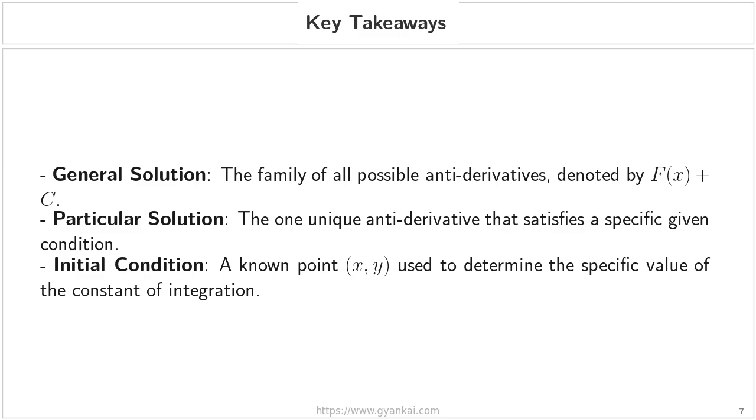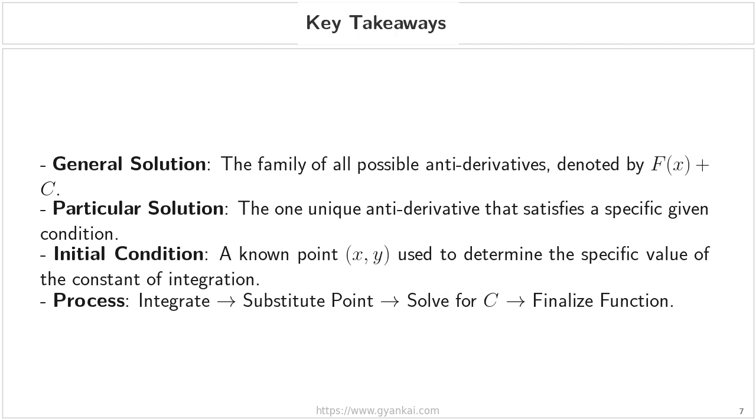An initial condition is simply a known point on the function, a pair of values, usually written as x sub 0, y sub 0. This tells us that when x is equal to x sub 0, the function's value must be y sub 0. This single piece of information allows us to solve for c and pinpoint that unique antiderivative.